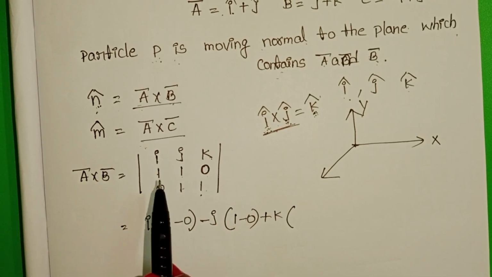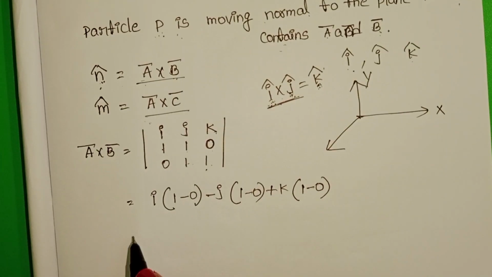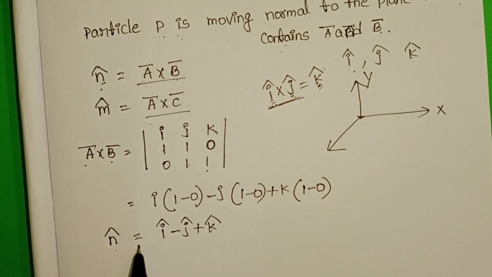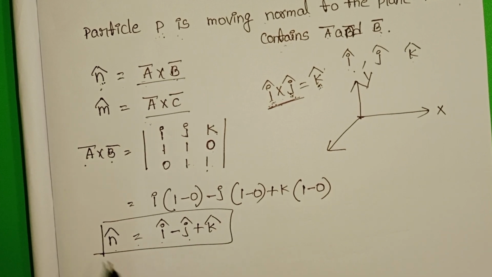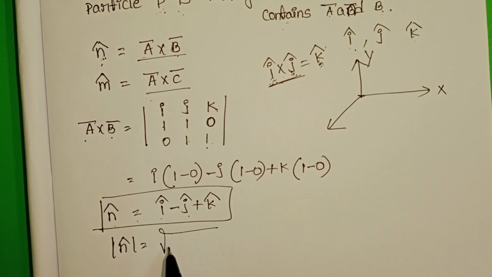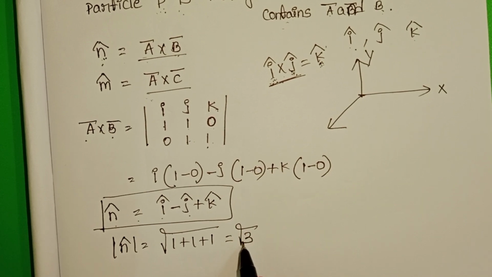Plus k into 1 into 1, 1 and here also 0. So n cap equals i cap minus j cap plus k cap. The magnitude of this vector, mod n cap, is equal to square root of 1 plus 1 plus 1, that is equal to root 3.